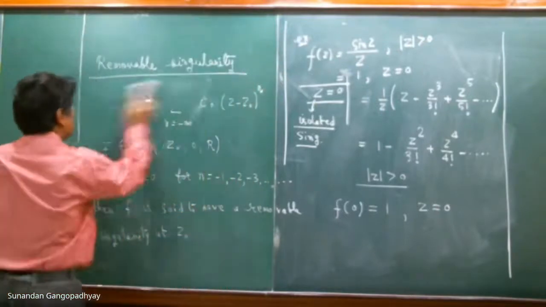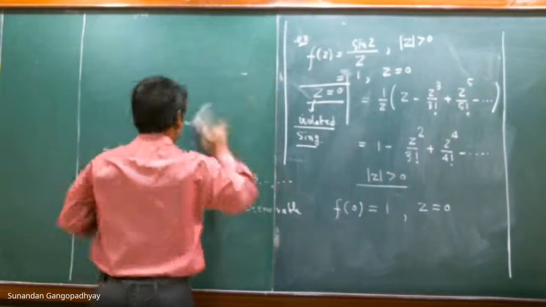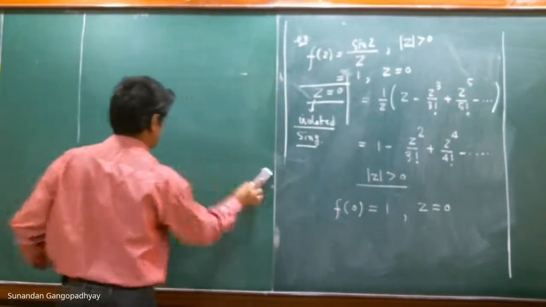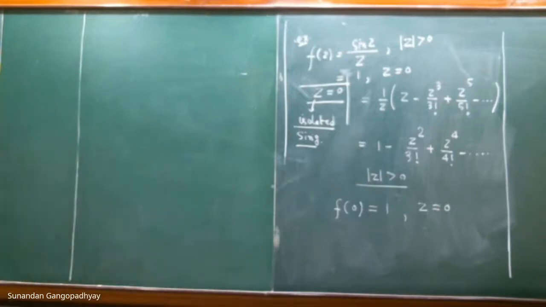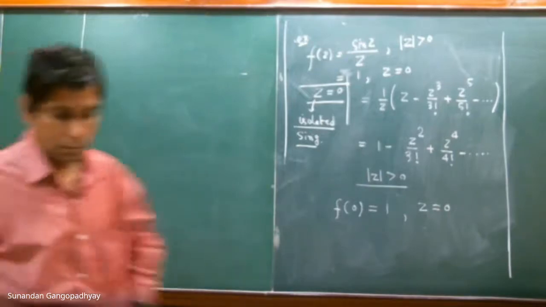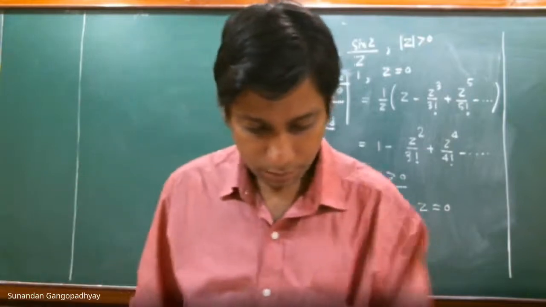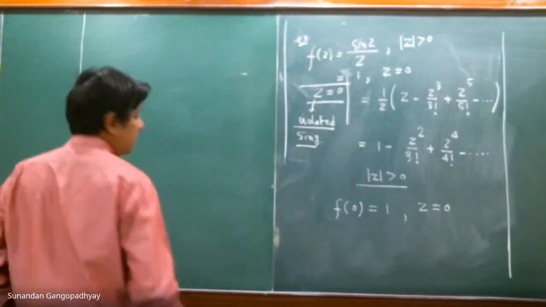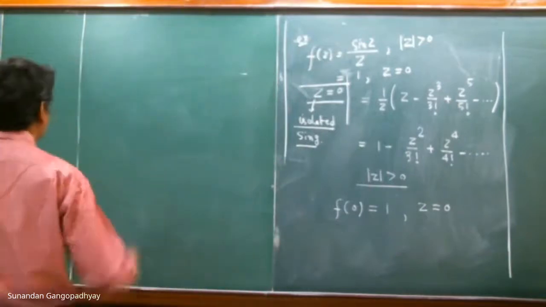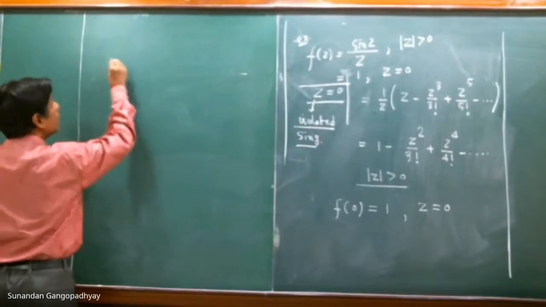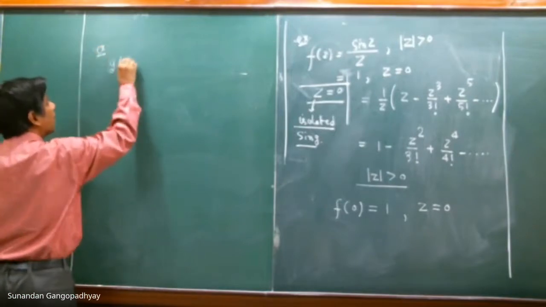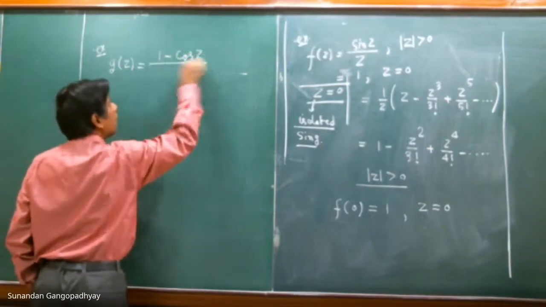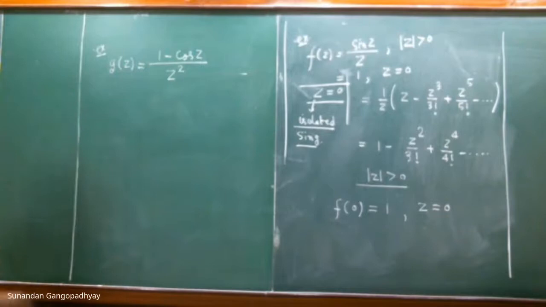Let us take another example. Let us take the example of a function g of z equal to one minus cos z by z square.